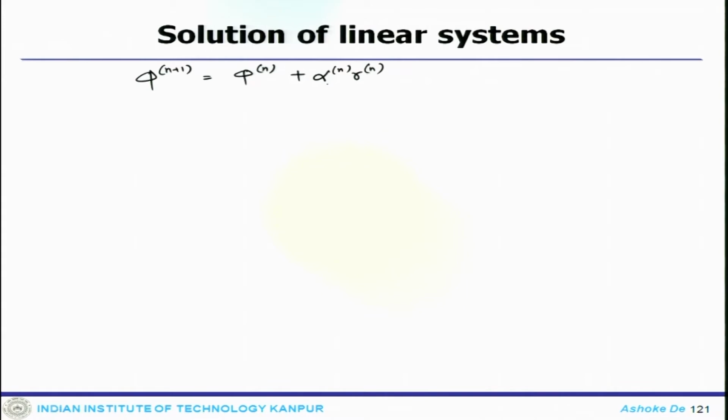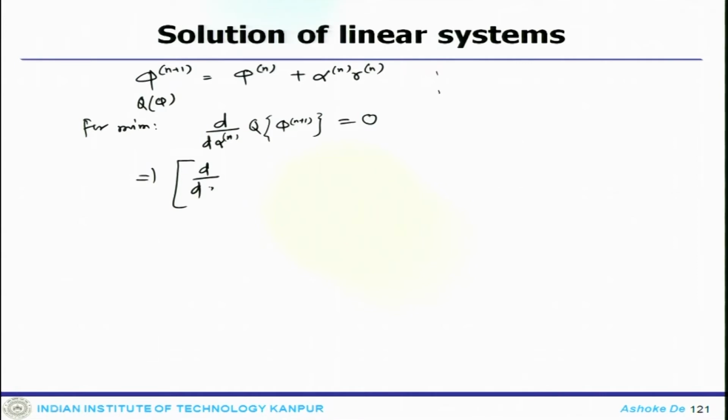The value of alpha that minimizes Q phi satisfies the minimum condition d by d alpha n of Q phi n plus 1 equals 0. Now, you can get that the gradient of Q at phi n plus 1, transpose, times d phi n plus 1 by d alpha n, is 0.